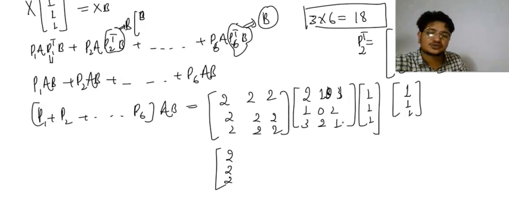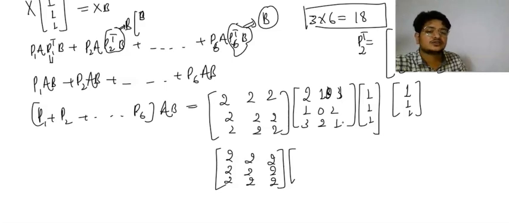So I will write 222, 222, and 222. And I will multiply this one. I will get the value as 2 ones are 2, 1 into 3. So I will get the value as 6 3 6.